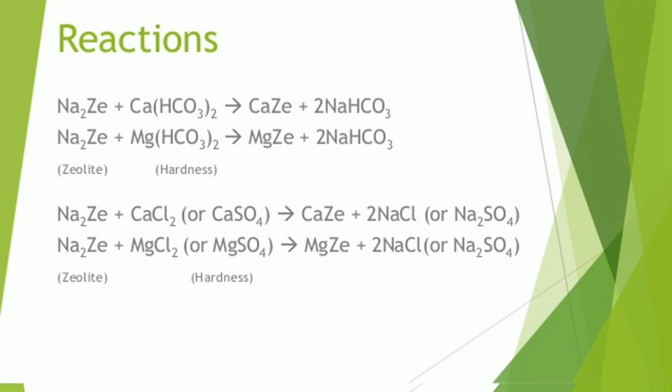The third and fourth reactions are the same: zeolite reacts with calcium chloride or calcium sulfate and is converted into calcium zeolite. In the last reaction, zeolite reacts with magnesium chloride or magnesium sulfate and is converted into magnesium zeolite.